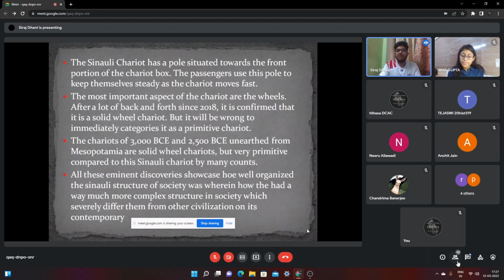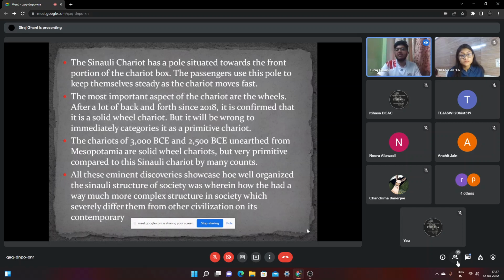Sinauli as a village was never in any history department or in the news, but the discovery has shown how enriching the civilization and its people were.